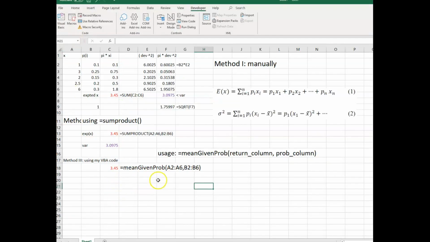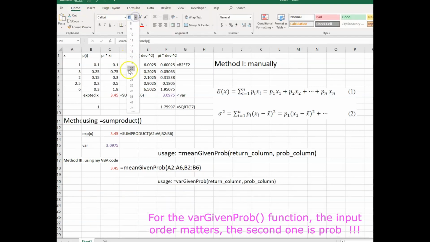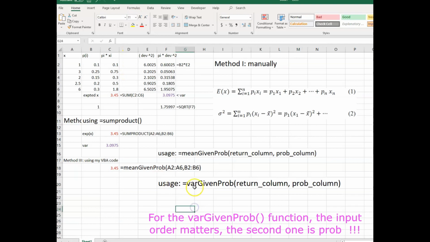Again, there are two functions, VAR given probability. Let's try the help function first. For VAR given probability, exact same thing, you see: return column and probability.